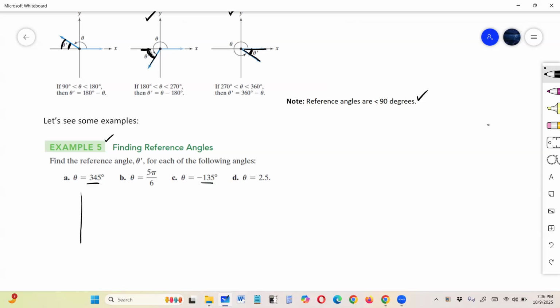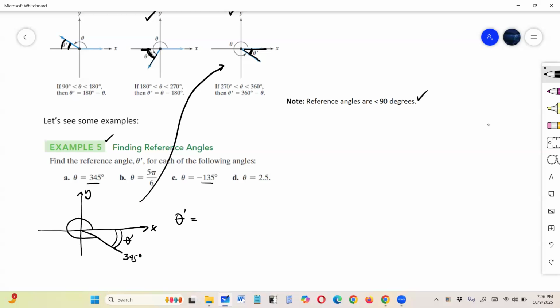It may be a good idea to draw the angle if you're not quite sure. So 345, as you know, is in the fourth quadrant. Here's your 345 degrees, and the reference angle, according to this picture up here, is this angle. We call it theta prime.